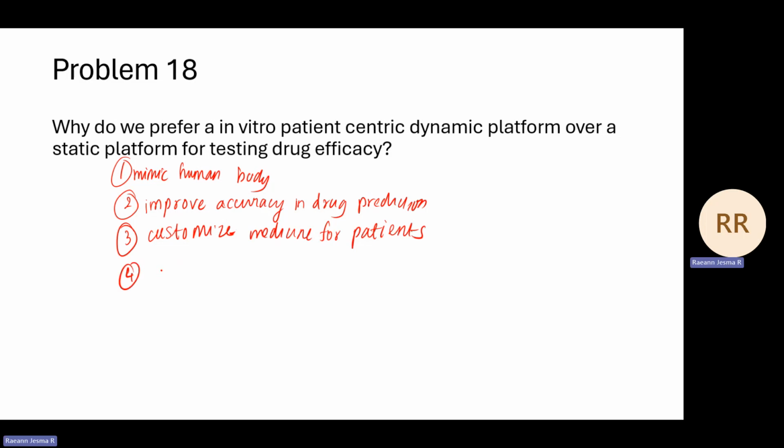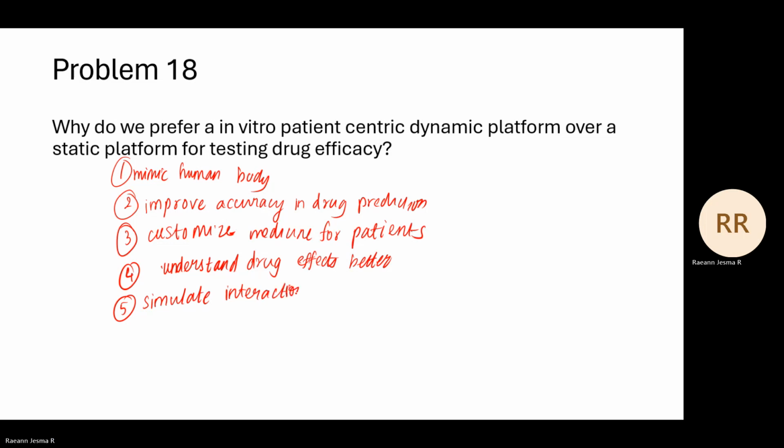Then you can understand the drug effects better. It can simulate interaction between drugs. And then you can monitor responses of drugs over time.